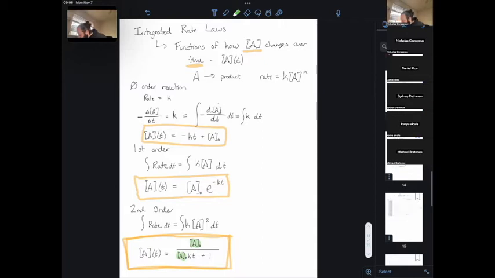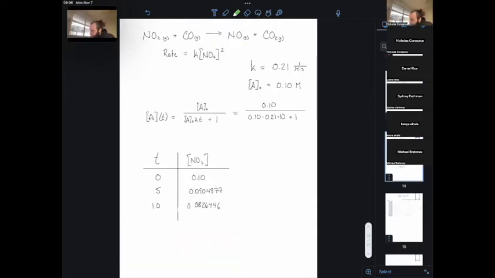All right. And so using that rate expression there, you can plug in different values of T. So for this, I chose that first data point where that initial concentration of A is 0.1 and used that value of K that we found of 0.21, plugged that into my integrated rate law here.